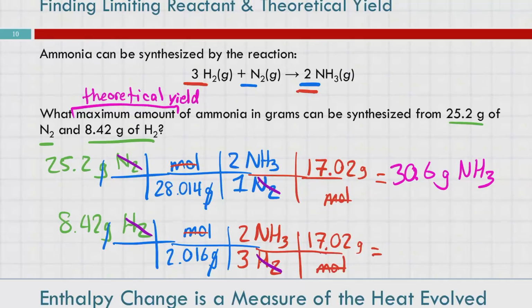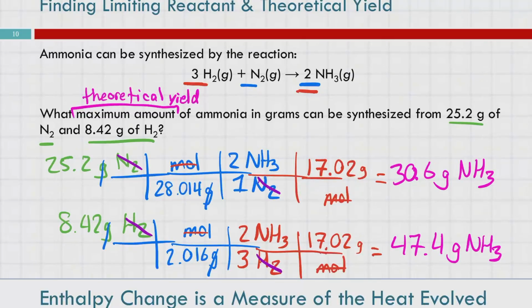It doesn't matter which way you put the numbers in, as long as you do the operators correctly. For the second one, 8.42 divided by 2.016 times 2 divided by 3 times 17.02, we get out 47.4 grams ammonia.